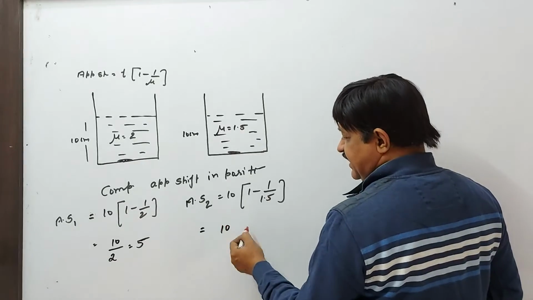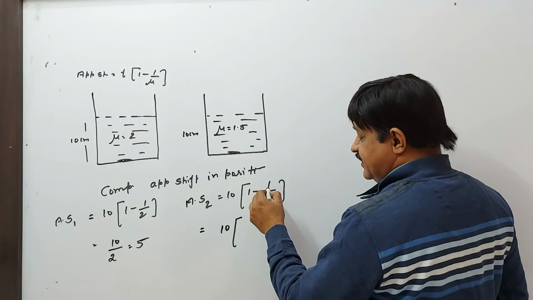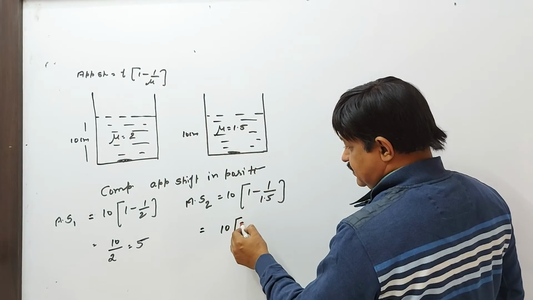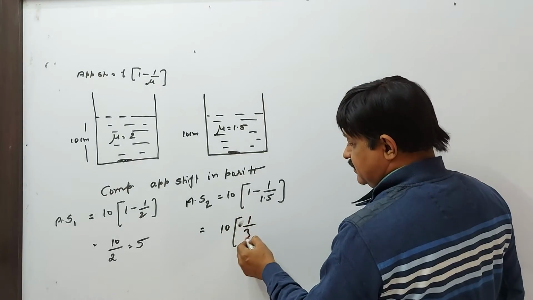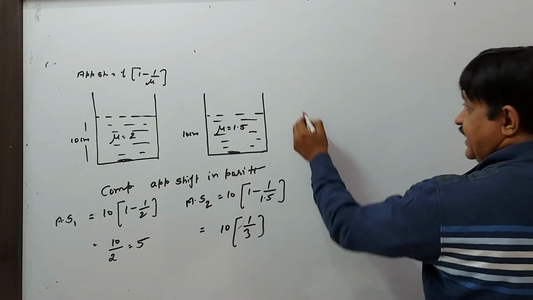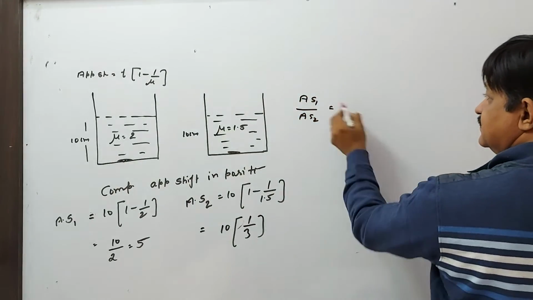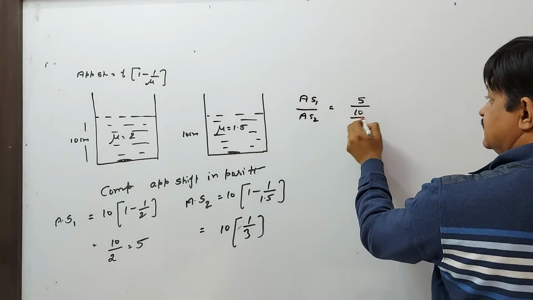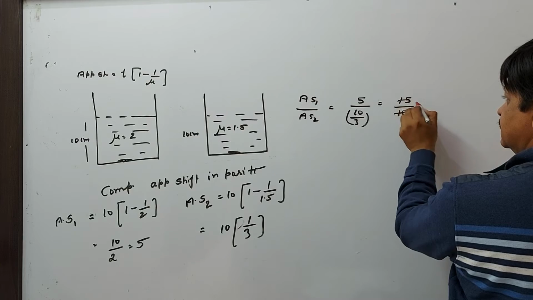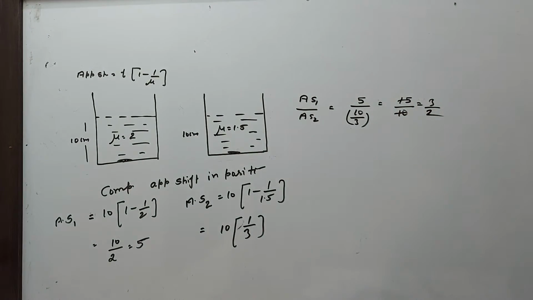This result is 10 into (1 minus 2 by 3), so it should be 1 by 3. And then if you will compare AS1 with AS2, it should be 3 by 2.